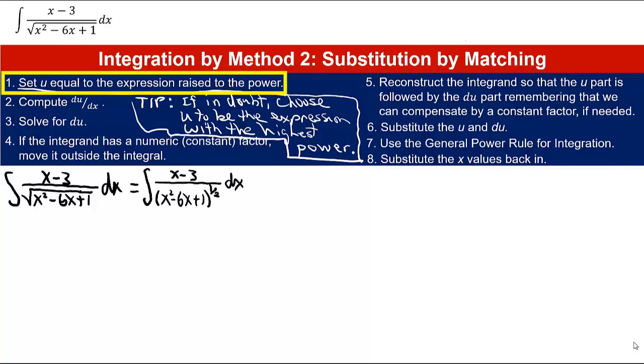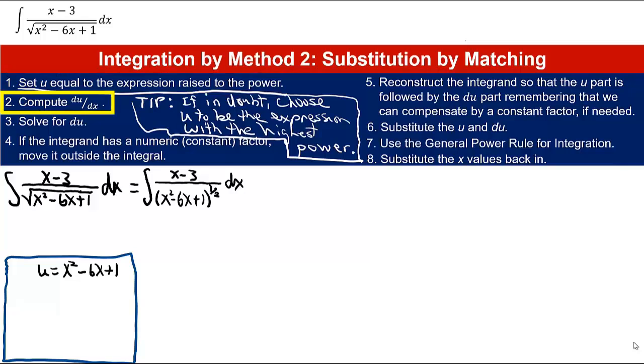So if you look in this integral, there's an x minus 3, that's x to the first power. But down in the denominator, you've got an x squared minus 6x plus 1. That's a higher power. So my tip would say, choose that to be u. So I'll do that. Let u equal x squared minus 6x plus 1.